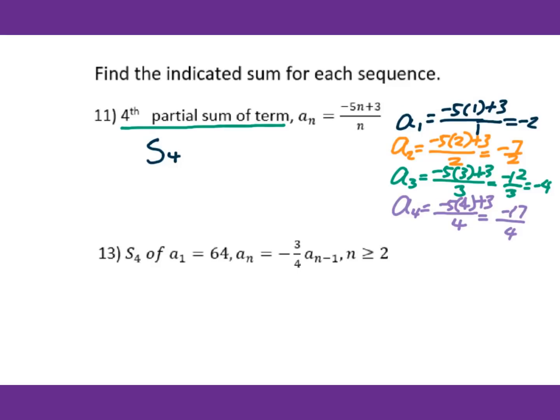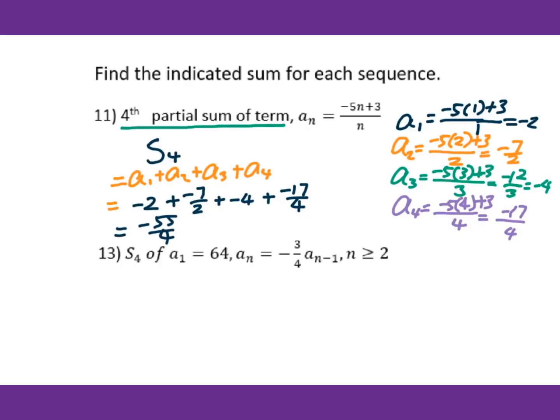Therefore, S sub 4 equals a sub 1 plus a sub 2 plus a sub 3 plus a sub 4, you will get negative 2 plus negative 7 over 2 plus negative 4 plus negative 17 over 4 equals negative 55 over 4.